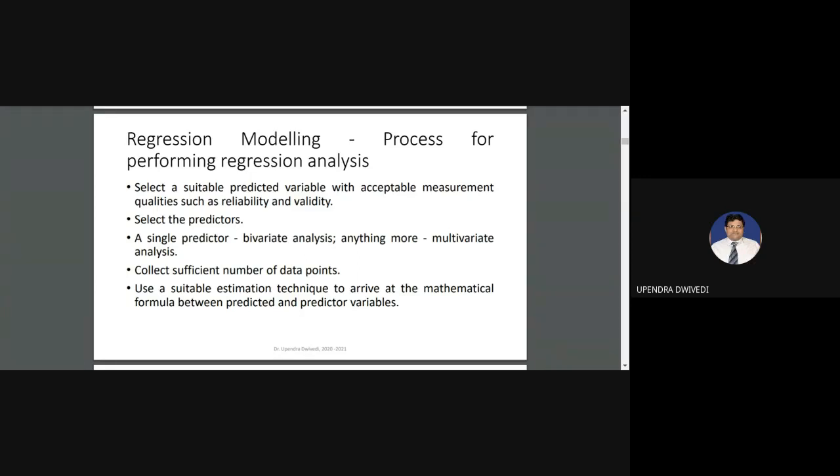If the money increases, your pocket expense will increase. If the money decreases, it will directly reflect in the pocket expense predictor. And if we have more than one predictor, then it is called multivariate analysis.